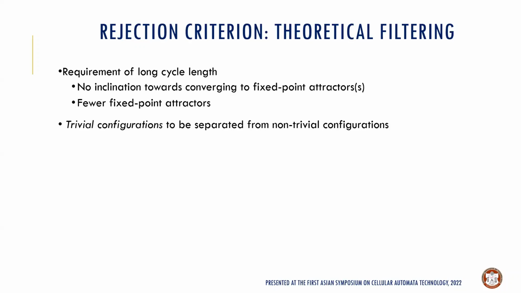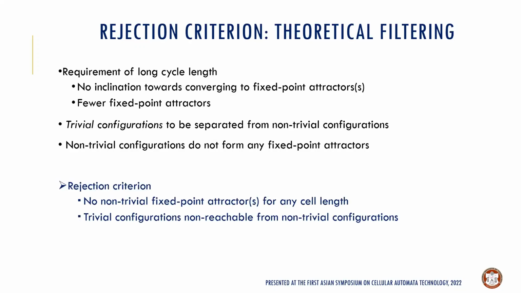That is our target. So we want trivial configurations to be separated from the non-trivial configurations, and non-trivial configurations do not form any fixed point attractor. For this, we check that there are no non-trivial fixed point attractors for any cell length in the CA, and whether all the non-trivial configurations are non-reachable from any trivial configuration.